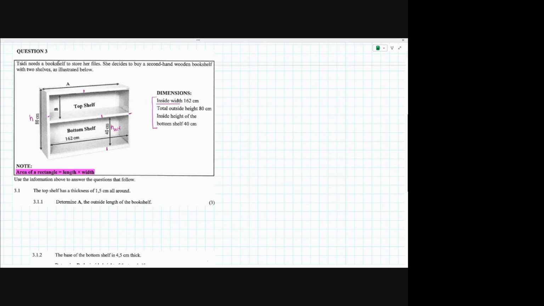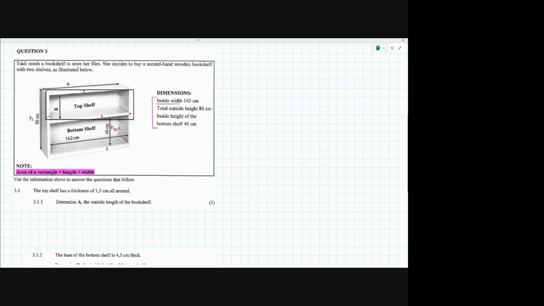So the first question says, the top shelf has a thickness of 1,5 centimeters all around. So what that's saying is, if this is my top shelf over here, there's my top shelf.